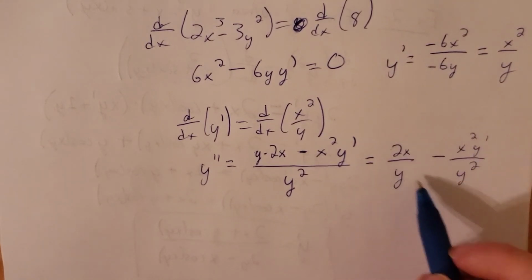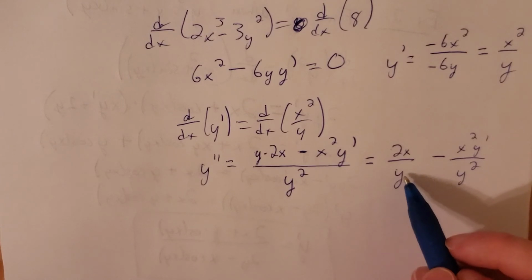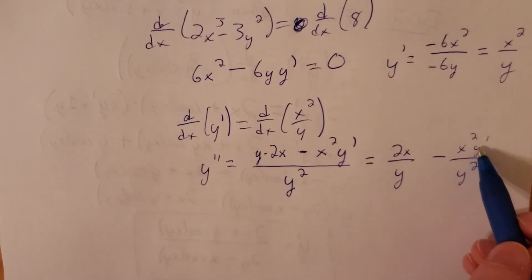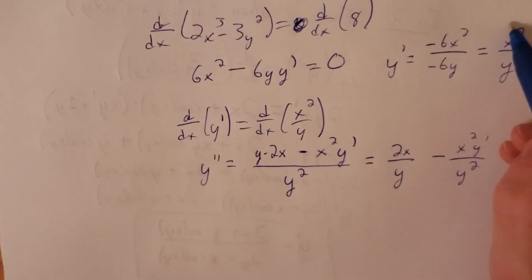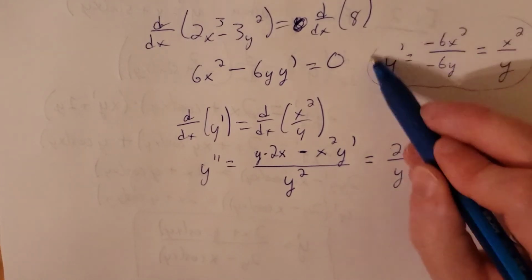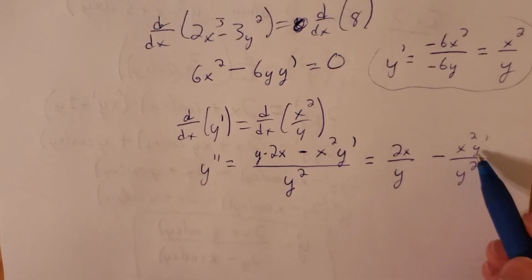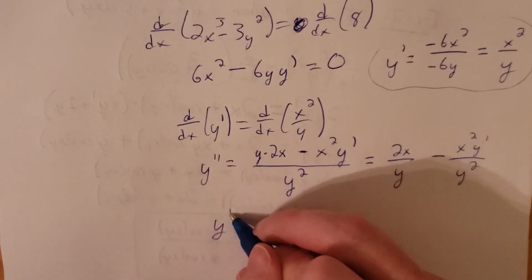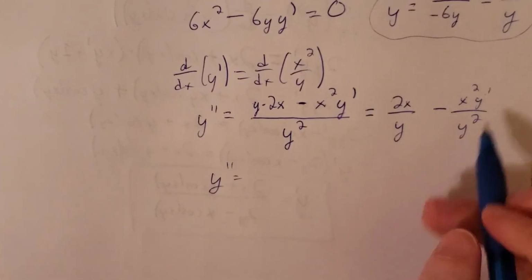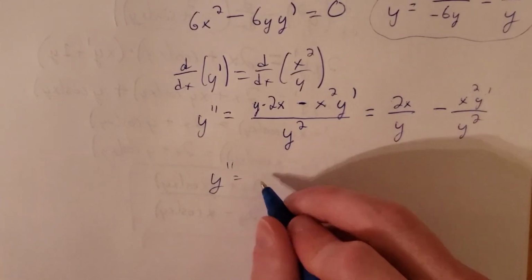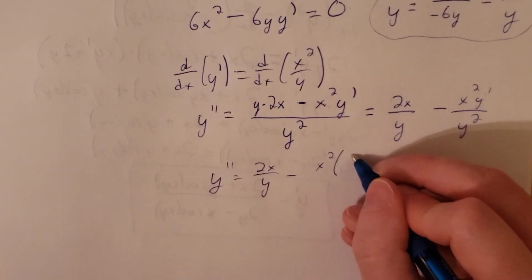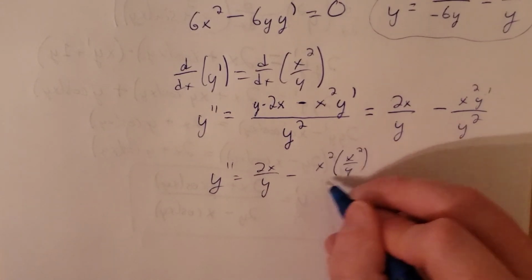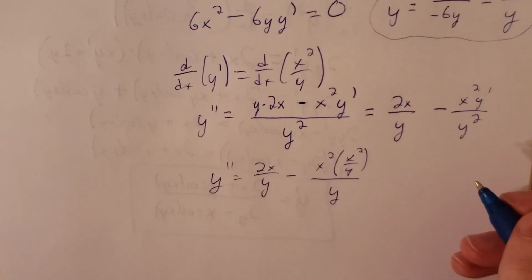Now here's our thing. We're okay with having a y here, and sometimes we're okay with having a y prime here in our solution for y double prime, but we know what y prime is in terms of x and y, so we can now replace it, and in this case we can. Minus x squared times x squared over y, all over y squared.